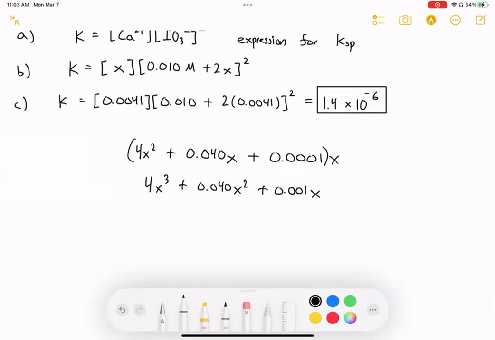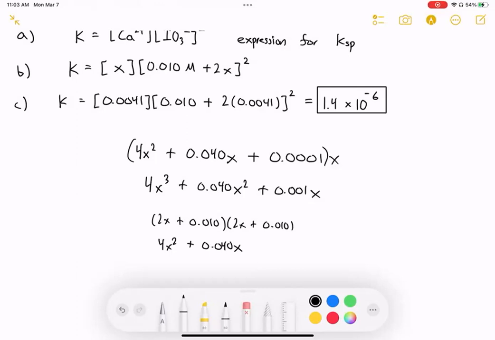Let me see here. 2x plus 0.010 times 2x plus 0.010. So you have 4x squared plus 0.010 times 2, plus 0.040 x.